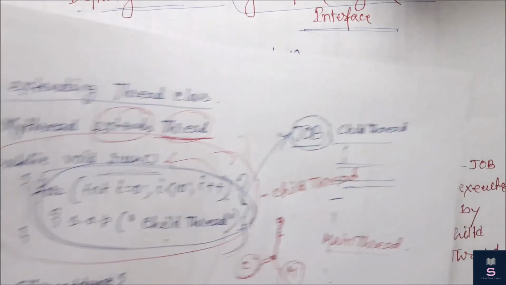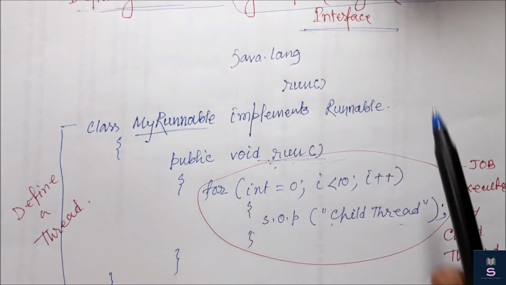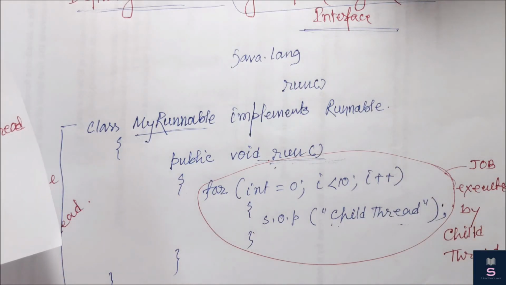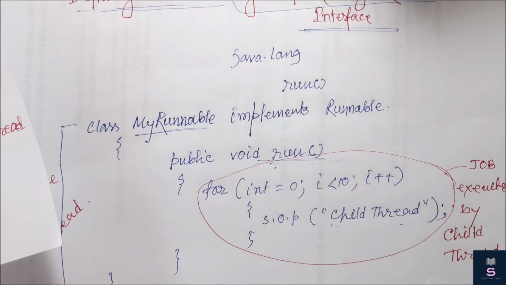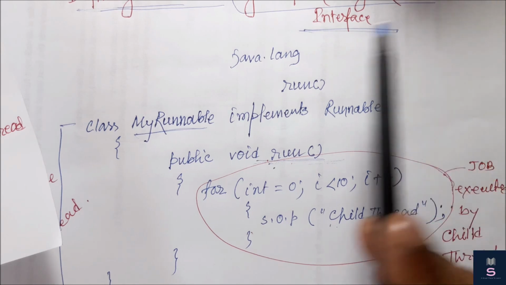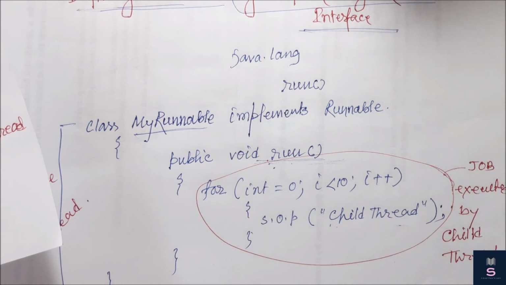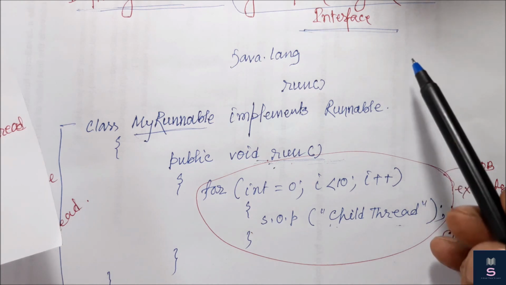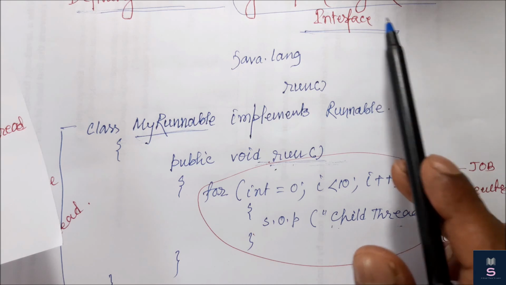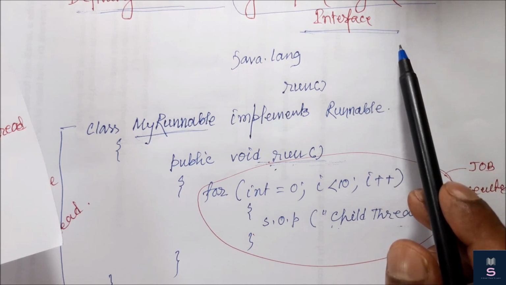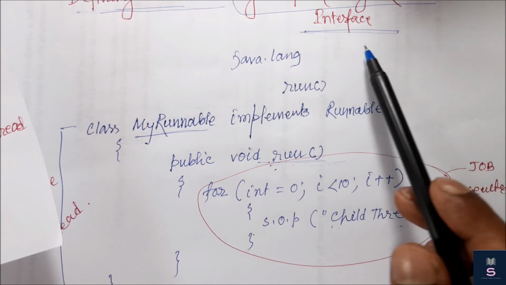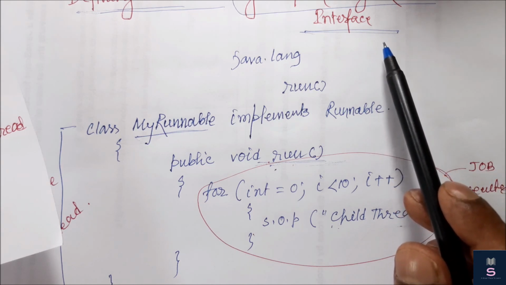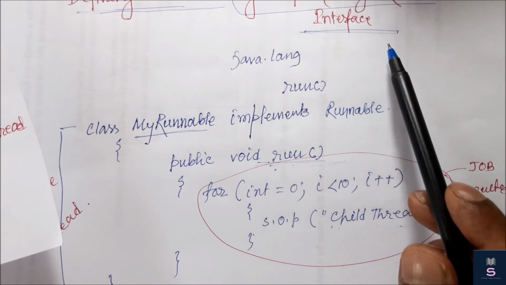Another thing is, if I go for implementing the Runnable interface to define a thread, there is no extension of a class, because the Thread class already implements the Runnable interface. So we have a chance to extend another class also. So this is the best approach. Most of the time we recommend implementing the Runnable interface to define a thread, because here we are not losing the advantage of inheritance.